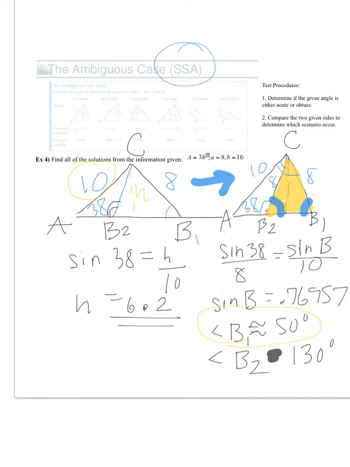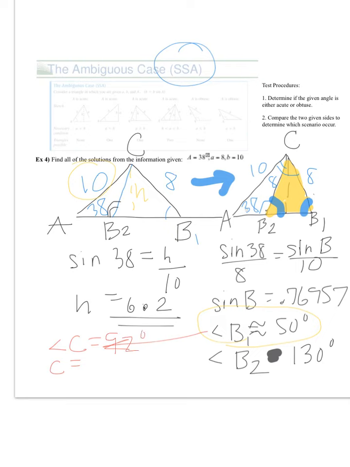So now the last thing we have to do is get angle C. So again, I don't need to use either of the laws because I know two of the angles. I can get the third angle. So based on B1 being 50, then angle C ends up being 92 degrees using the triangle sum theorem.